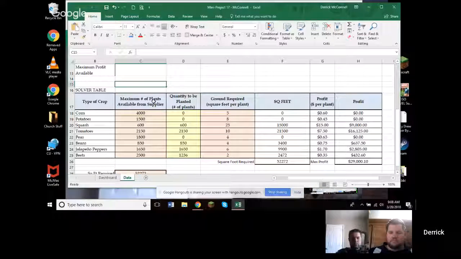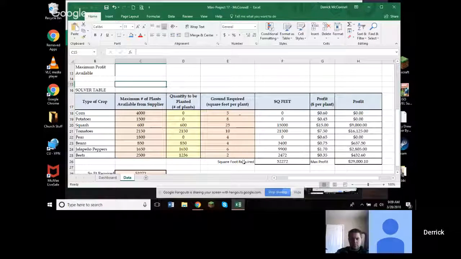I made a table that showed the quantity of plants needed, the required square feet, how many that would take to make 1.2 acres, and then the profit. Nice. That made more sense for me to think it through.